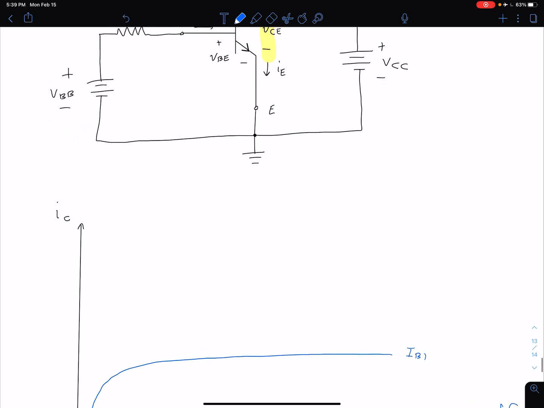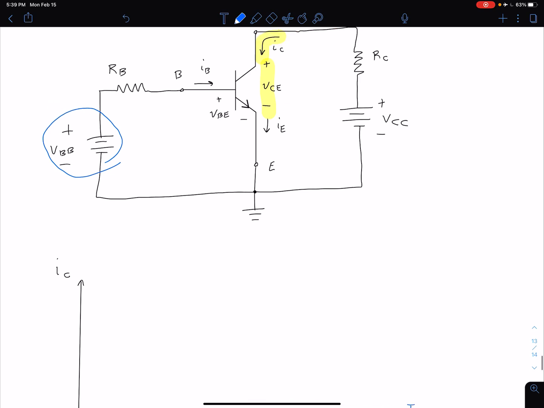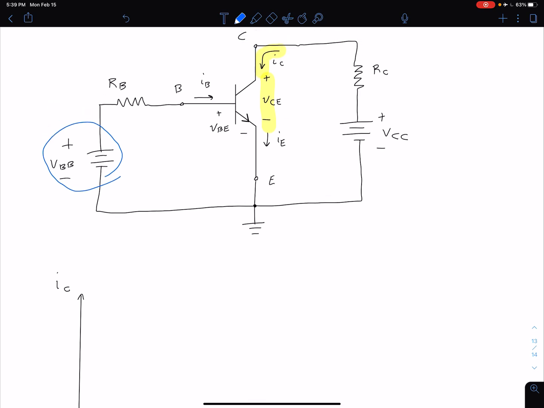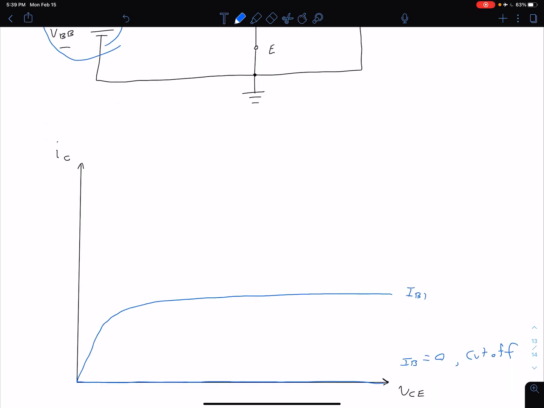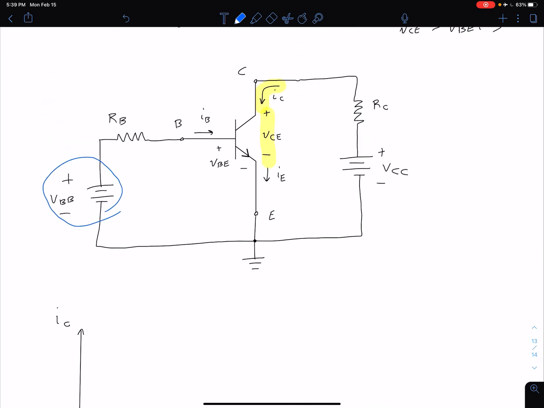Now, on the other hand, we could of course increase our VBB. What we can see is that that is going to increase our IB. If that's not immediately obvious, we're going to talk about that in a couple videos when we look at DC analysis. So increasing VBB will increase our base current. And remember, if we're in our forward active mode, out here in this region, which I'll clarify in a little bit, that means we're going to be increasing our collector current because IC equals beta IB.